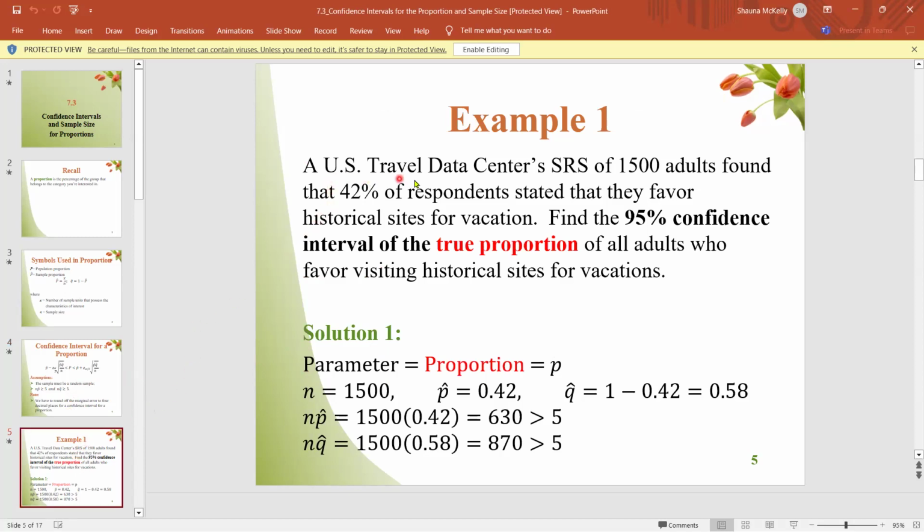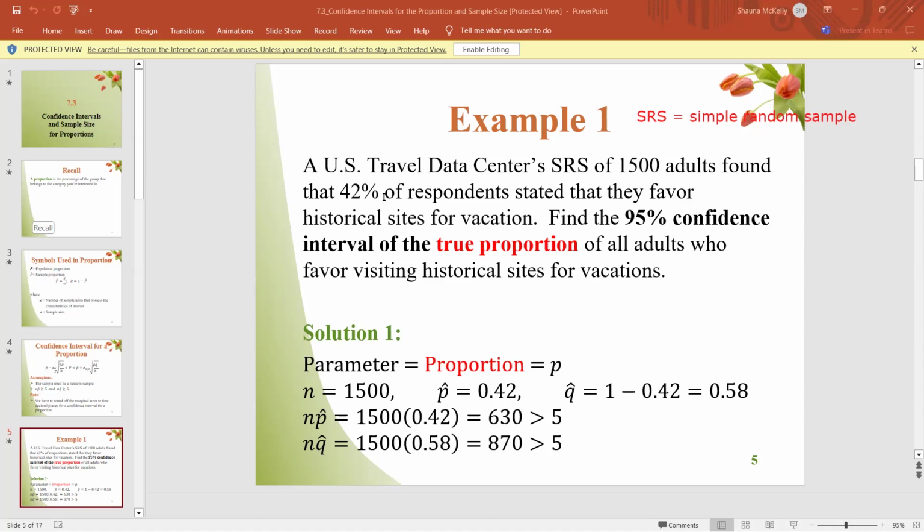A US travel data center's SRS, remember, SRS is an abbreviation for simple random sample, of 1,500 adults found that 42% of respondents stated that they favor historical sites for vacation.